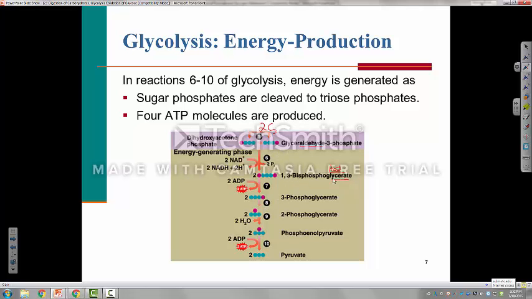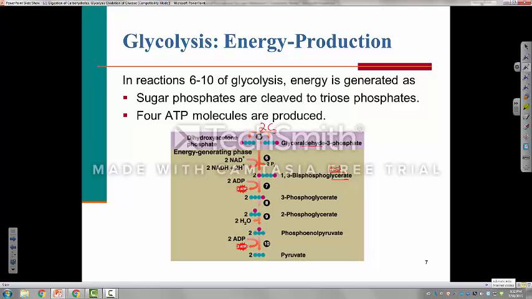So we go from the aldehyde to the acid. It's an oxidation. And then ADP is phosphorylated, again substrate level phosphorylation. The energy in this bond came from this oxidation. Just as when you burn any fuel source, you get light and heat, you get energy from it.